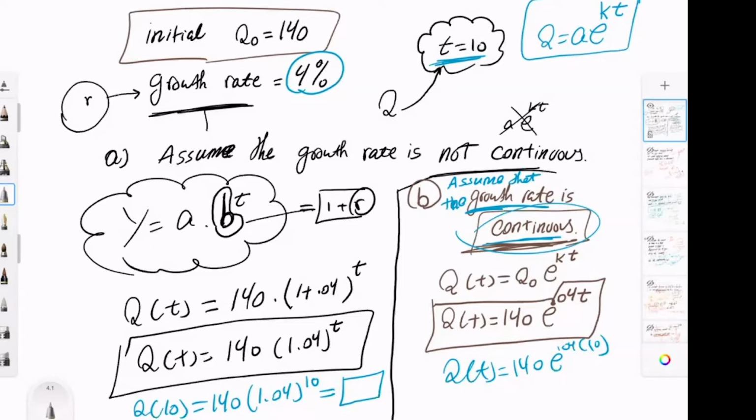All right, so this wasn't recorded on the Zoom, but the solution is here. So part A, we use this formula. For part B, we use this one.